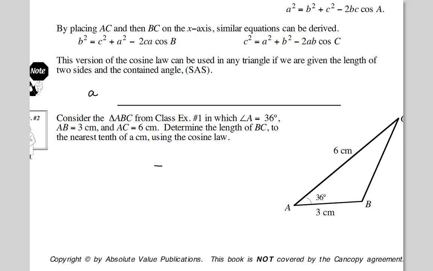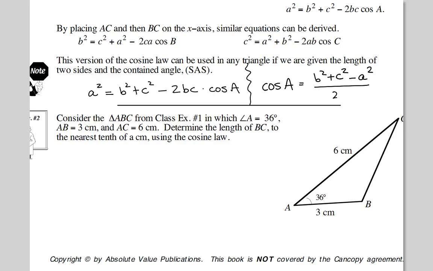You have these ones: A squared equals B squared plus C squared minus 2BC times cosine A. And the other one is cosine capital A equals B squared plus C squared minus A squared over 2BC. Those are the two on your formula sheet.